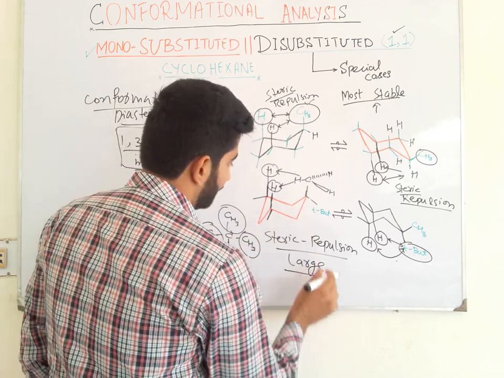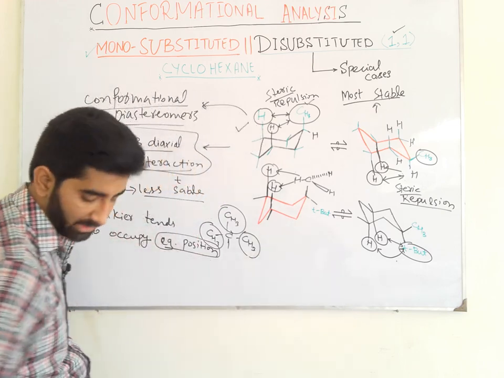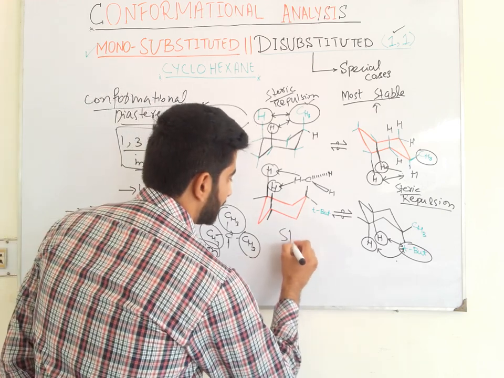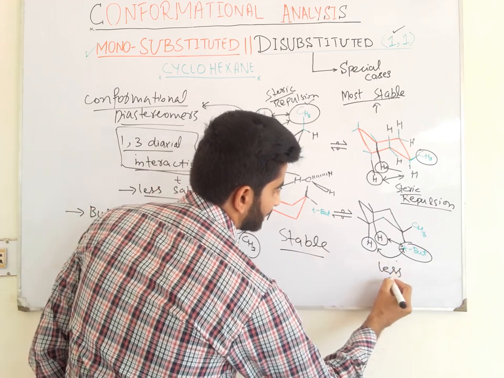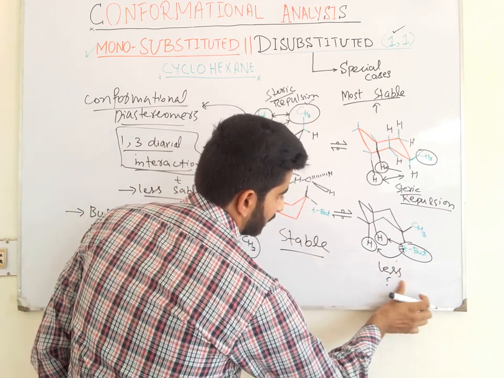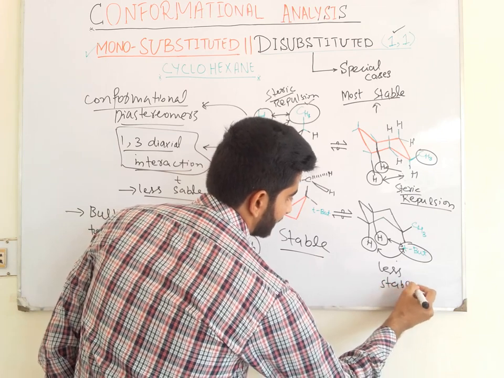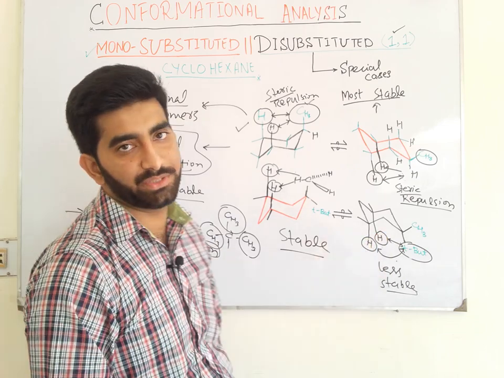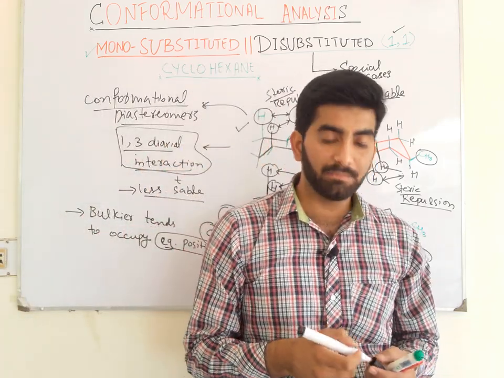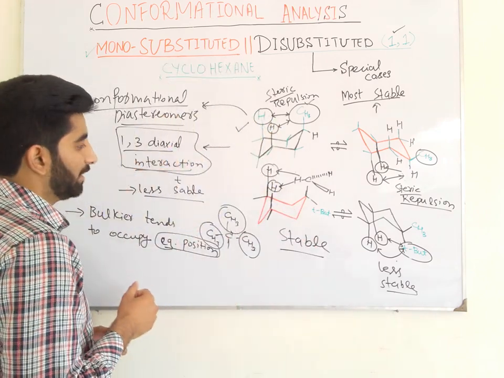So it is our stable or predominant conformation, and this is our less stable conformation, because there is large steric repulsion between the tertiary butyl and the two hydrogens. But in some cases, our bulkier group tends to occupy the axial position instead of the equatorial position.